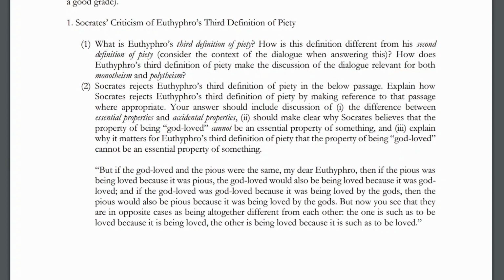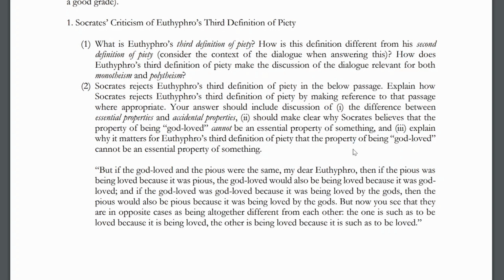Here it says, explain how Socrates rejects Euthyphro's third definition of piety by making reference to the passage below where appropriate. Right, so I'm telling you here that what I want you to do is explain what is going on in this passage, and then I go on to further explain that to do that, you need to answer and address each of these 3 points, 1, 2, and 3.